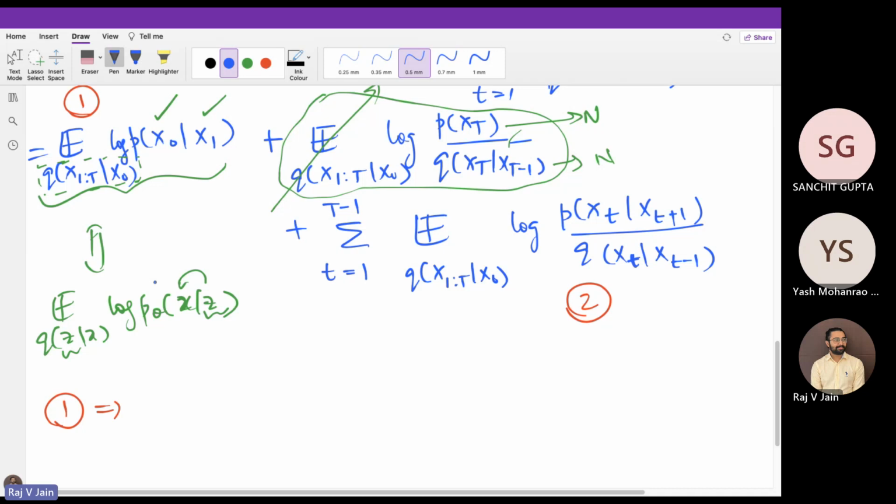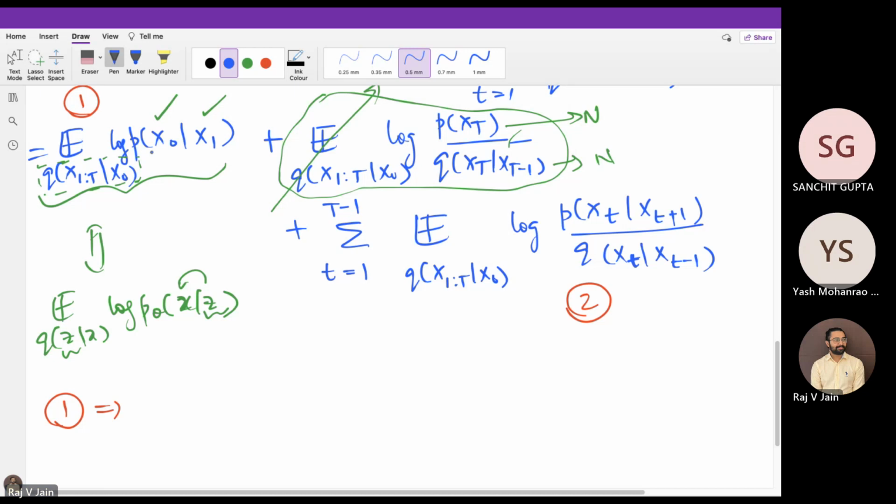The expectation is over x1 given x2 to capital T. So think about it: what is the term inside the expectation a function of?